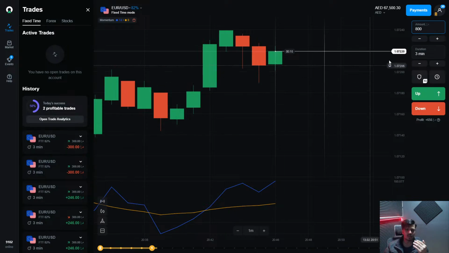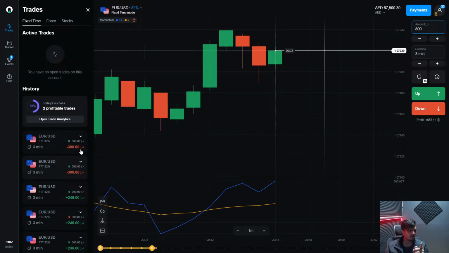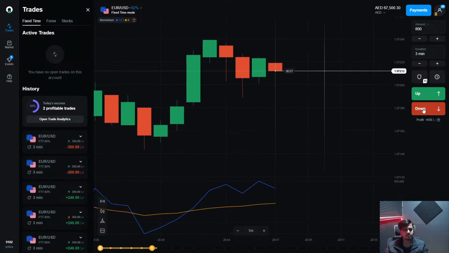As I made 300 here, I will make the trade here with 800. So it will recover if I win. If I make this trade profitable, then I will be profitable, like I will recover both of these losses. Just move for a few seconds upward, so I can make the downward trade.